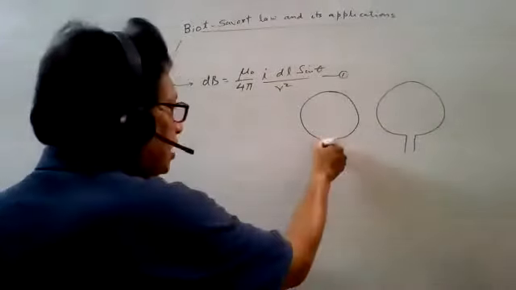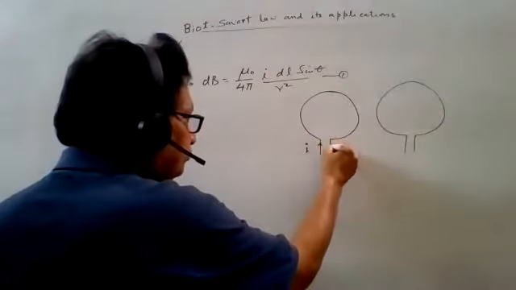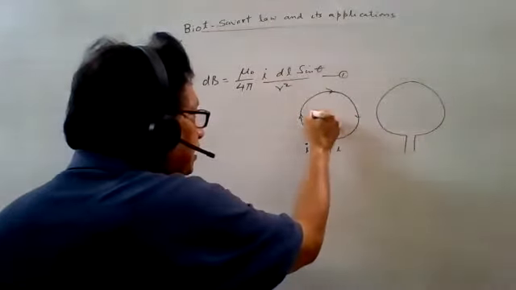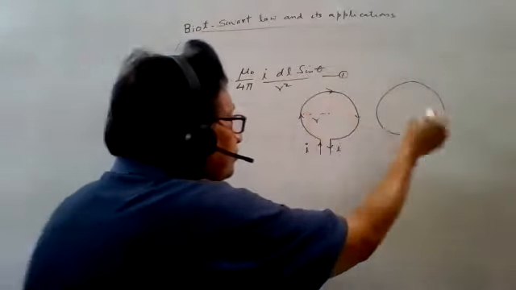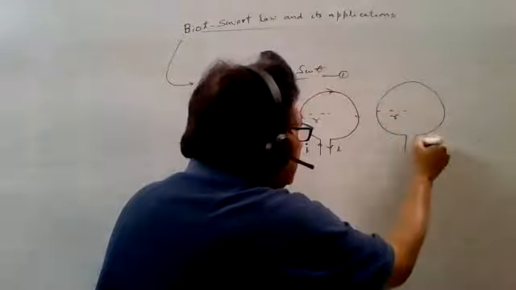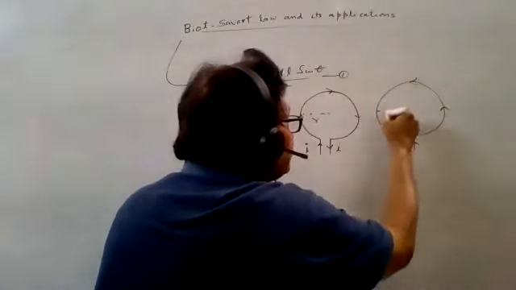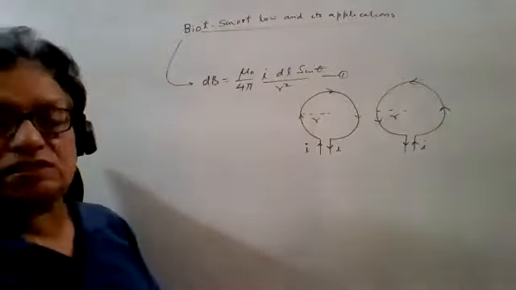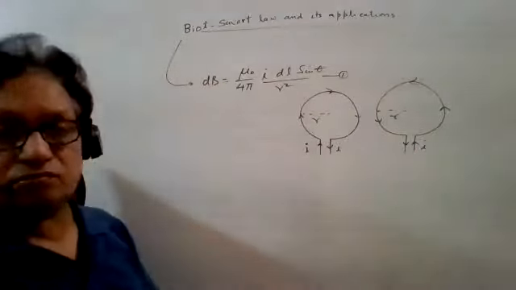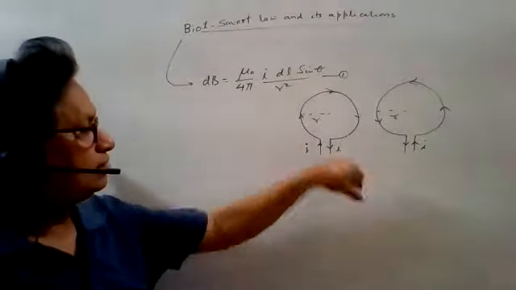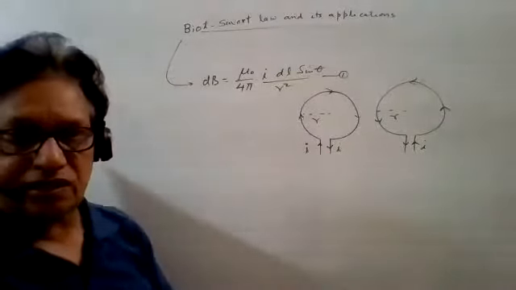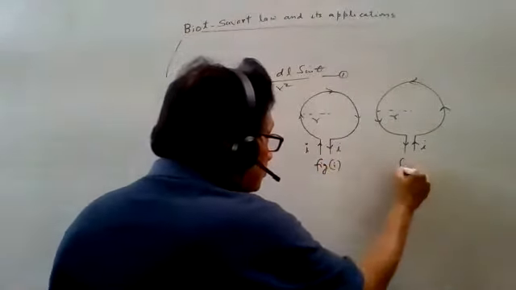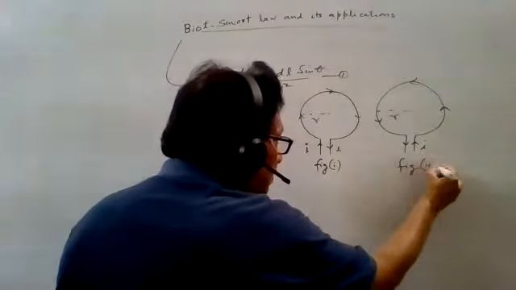So current is flowing like this. Let us say this is the radius R, and here like this is the current. In the first case, in figure 1, the direction of current is clockwise. In the second, it is anti-clockwise. So this is figure 1 and figure 2. You can see the difference.